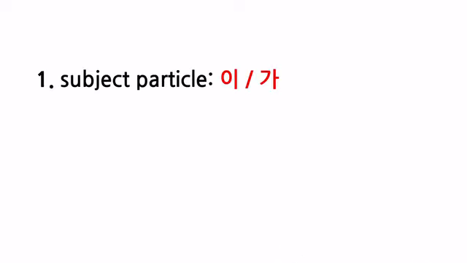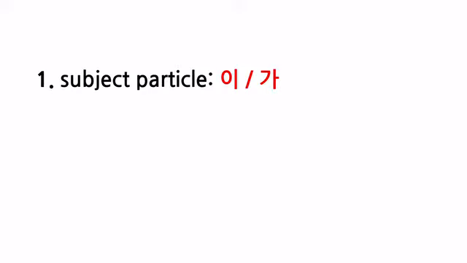Number 1, subject particles. 이, 가. Notice that I use a slash. That means you are going to use either the first or second one, depending on the final consonant. If the last letter of the noun has a final consonant, you're going to use 이.